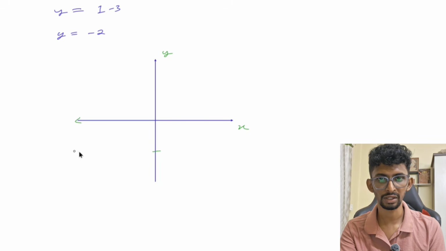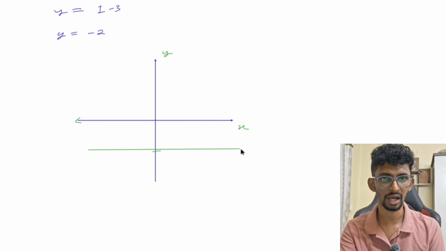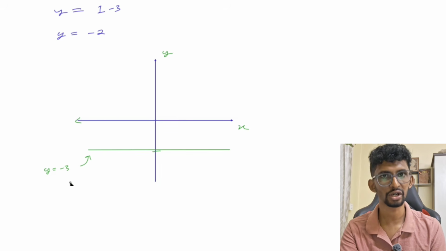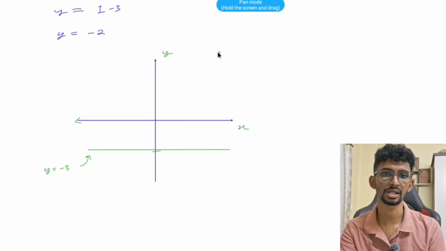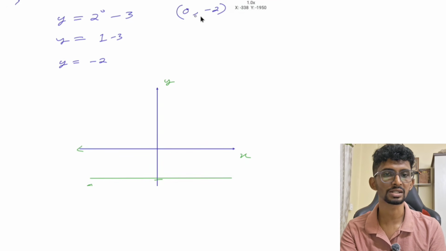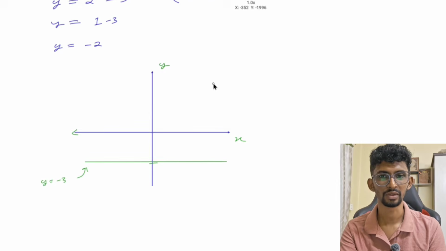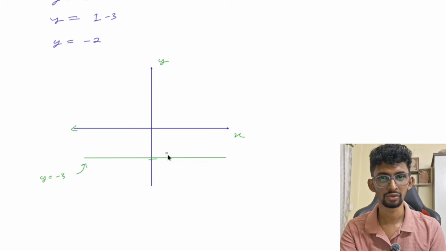Let me draw a horizontal line here. So this line is y equals minus 3, the horizontal asymptote. Next, it will intercept the y-axis at the point (0, minus 2). So let me plot that, somewhere here.